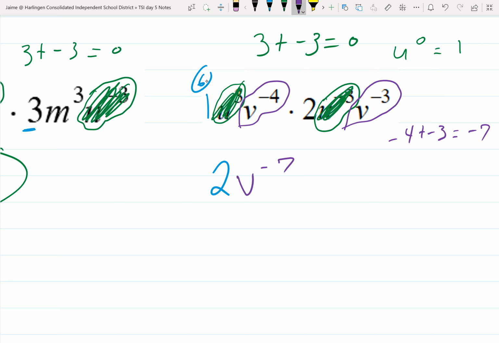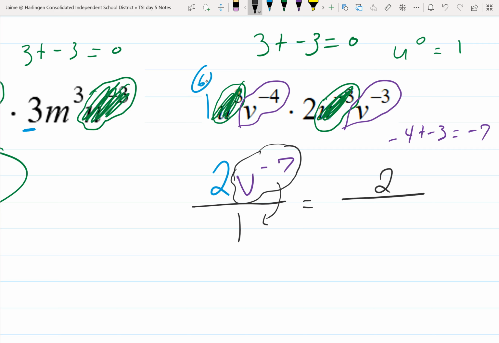So I got to fix it. If it's negative on top, where do you kick it? Kick it to the bottom. You make it a fraction. So the 2 stays on top. Nothing wrong with the 2. Except now the v goes to the bottom and the 7 is now positive. And that's our answer.